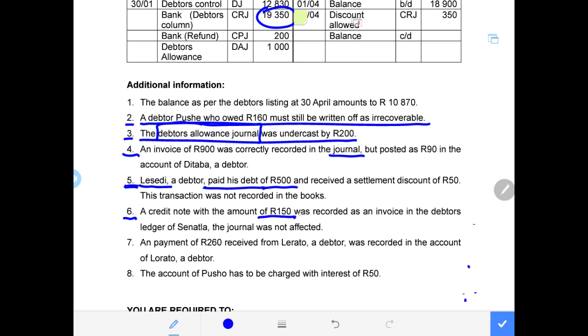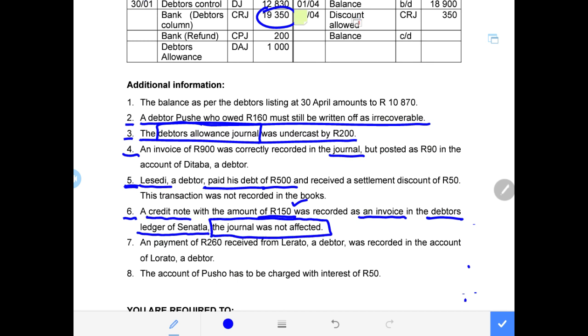The amount is supposed to be 150, and it was recorded as an invoice in the debtors ledger, of Sentatla. The journal was not affected.